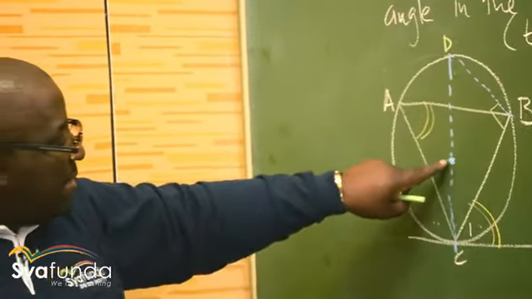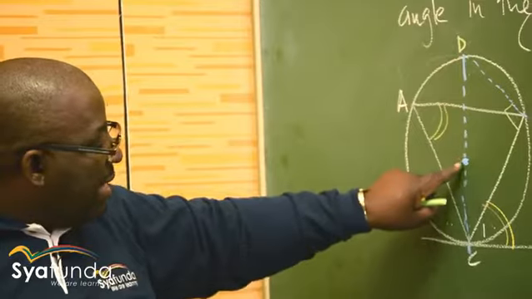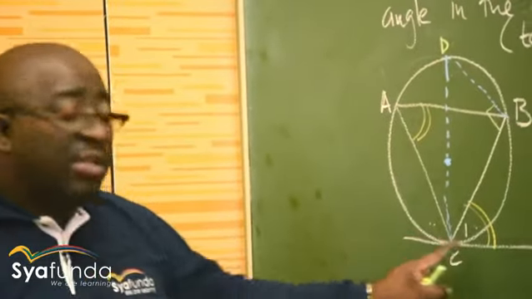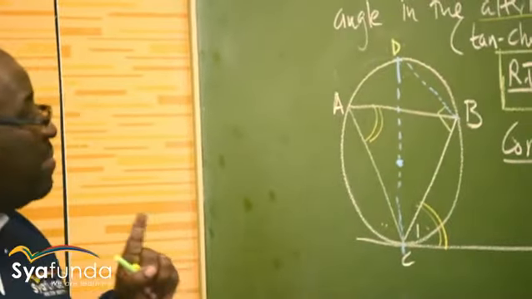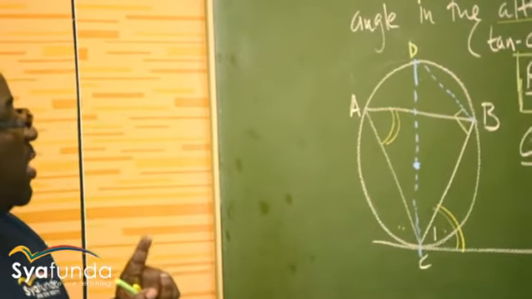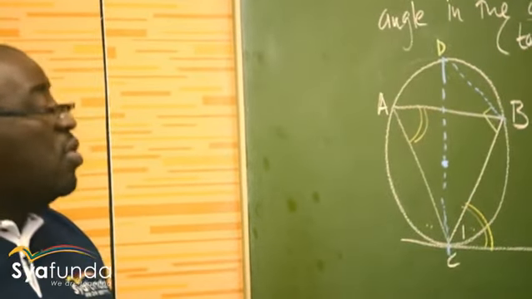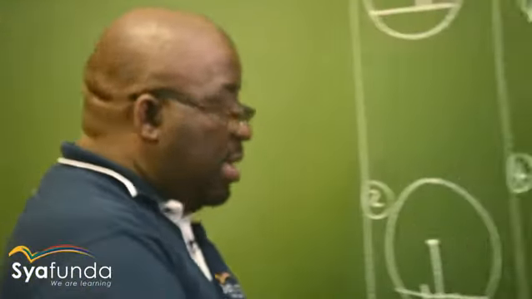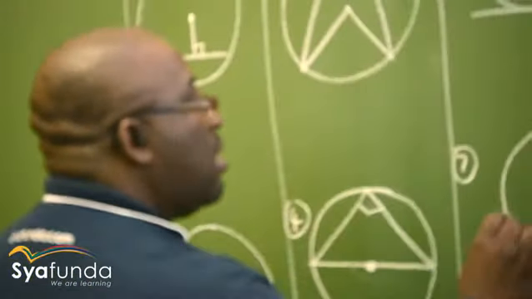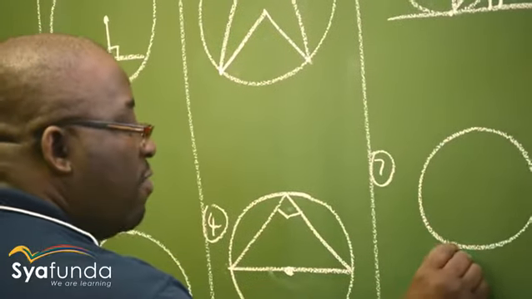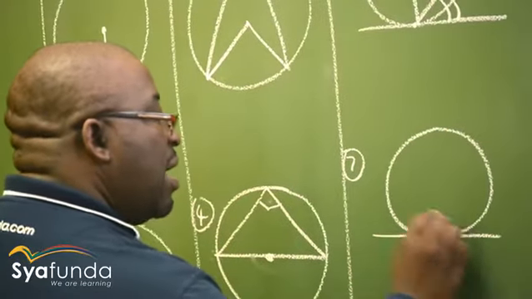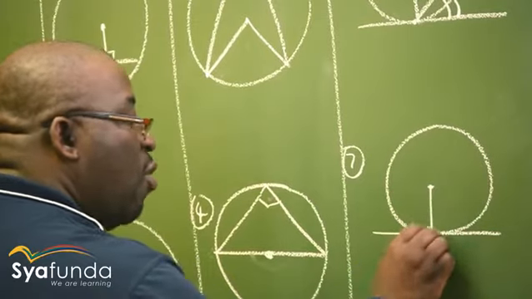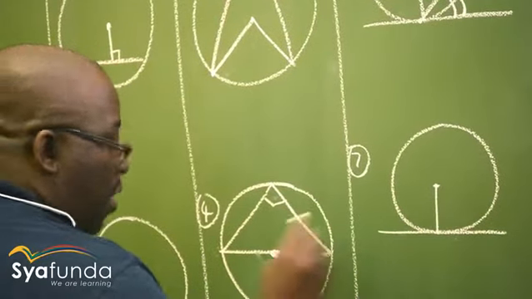As I do this, this is a radius and this is a tangent. Whenever a tangent meets a radius, I should always know that it will be equal to 90 degrees. There's this theorem that says whenever we've got a tangent and a radius, wherever they meet, they will always form 90 degrees.